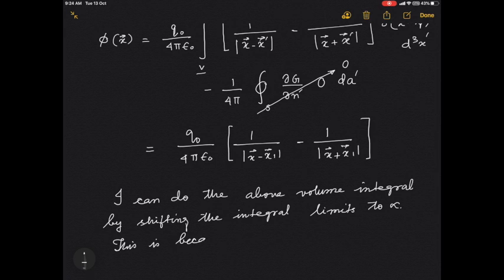This is because x1 is guaranteed to be inside the volume.